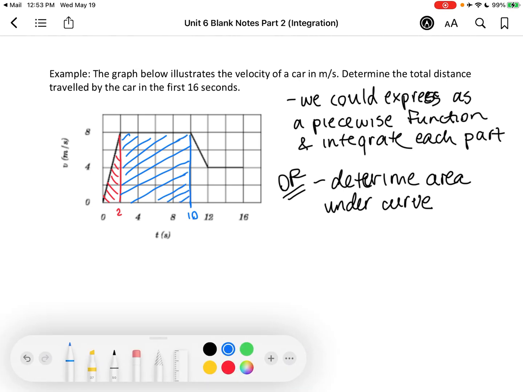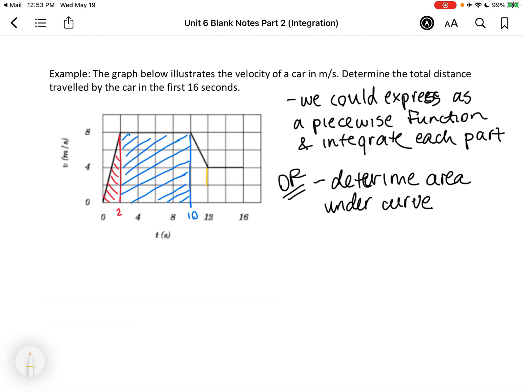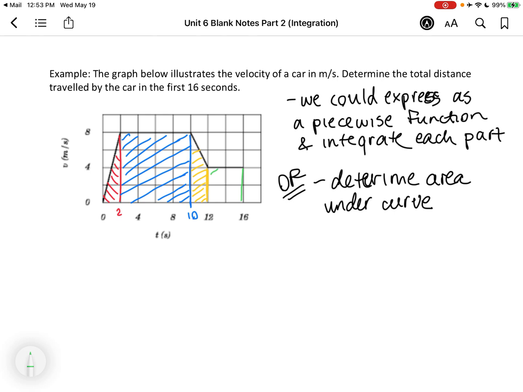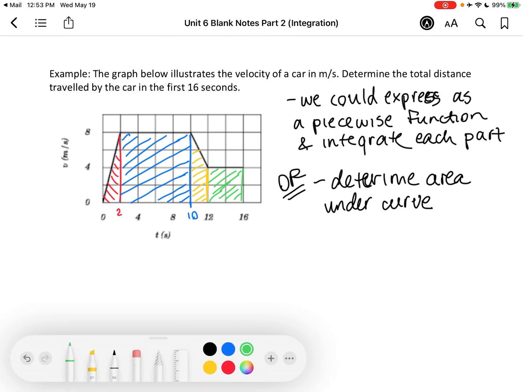Okay, and then from 10 to 12, this is actually a trapezoid, because a trapezoid is a quadrilateral that has one pair of parallel sides. And then finally, from 12 to 16, we have another rectangle. And we're going to have to basically find the area of each part and add them all up.